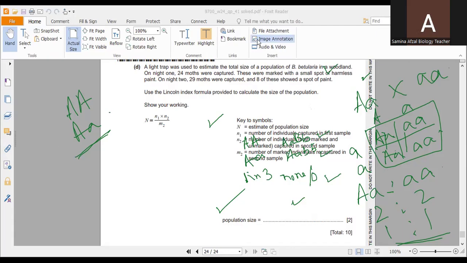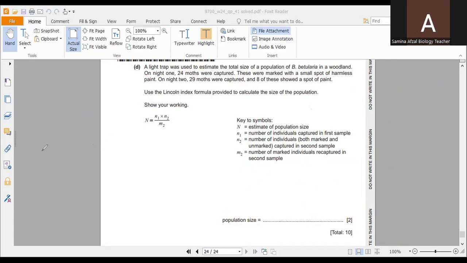Now, next question is, a light trap was used to estimate the total size of the population of Biston betularia moths in a woodland. One night, 24 moths were captured.